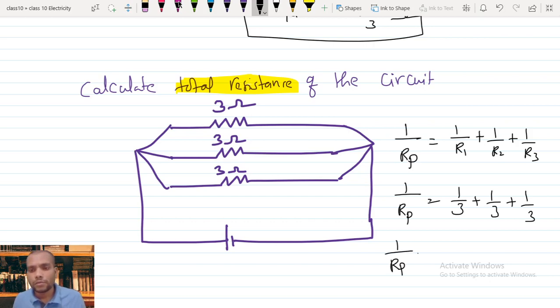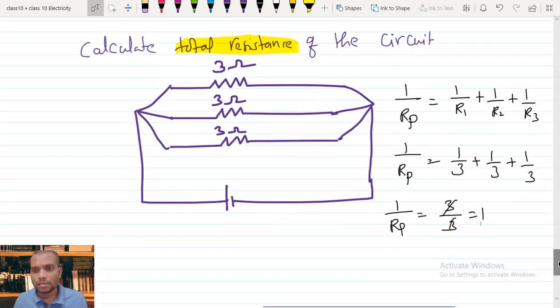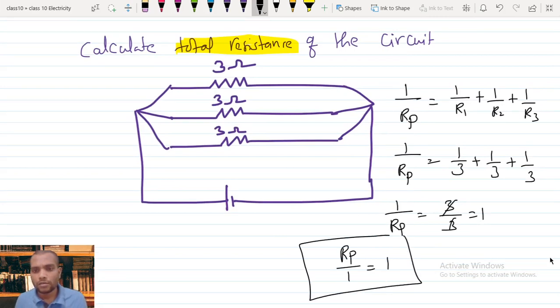Let's do the simple calculation: 1 by 3 plus 1 by 3 plus 1 by 3 goes to 3 upon 3, and its value equals 1. Therefore, for the total resistance, if we do the reciprocal, Rp upon 1 equals 1. So finally the total resistance is equal to 1 ohm.